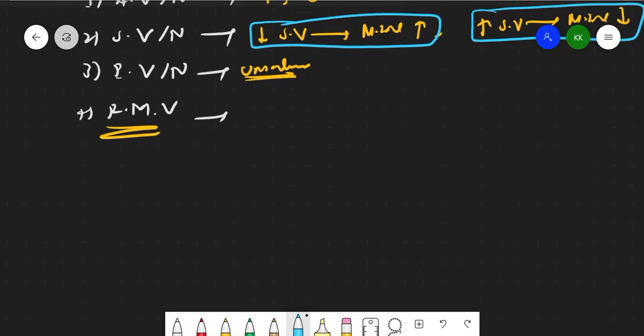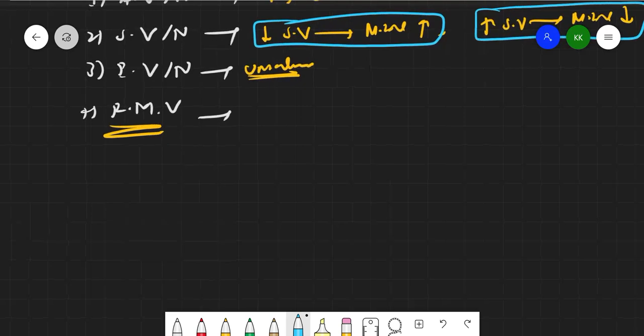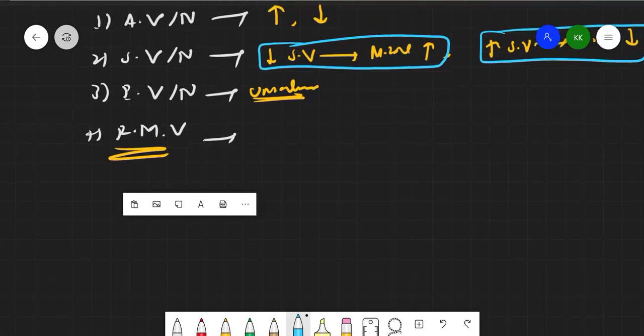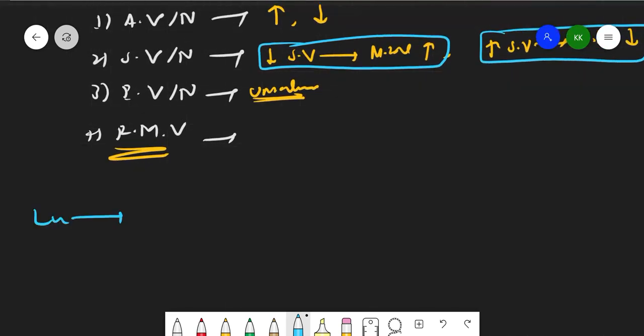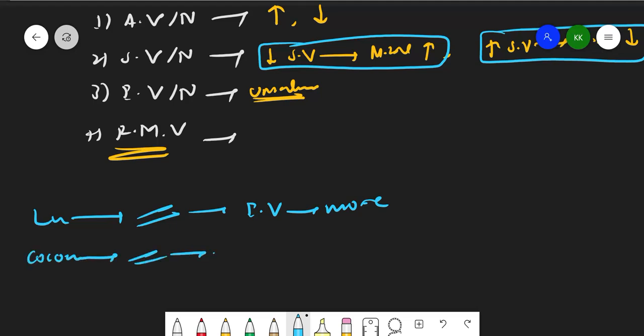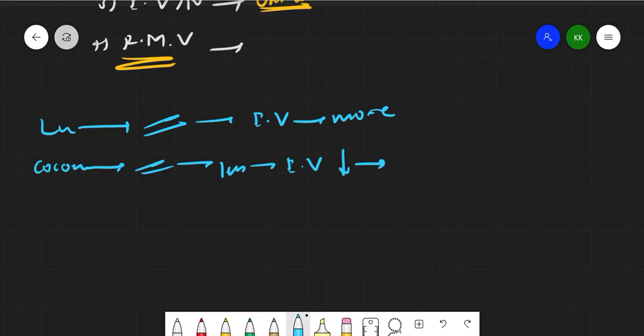For example, linseed oil had more unsaturation, so its iodine value was more. But if I see coconut fat, its unsaturation is very less, because of which its iodine value is very less, right? It doesn't contain any unsaturation.